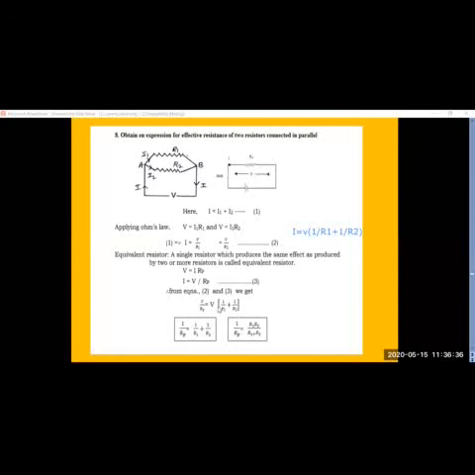Cancelling V on both sides, 1 by Rp will be equal to 1 by R1 plus 1 by R2. This is the general formula. If we take the reciprocal, R1 R2 will come in the denominator and R1 plus R2 will go up to the numerator. So this is the expression for the parallel combination of resistances.